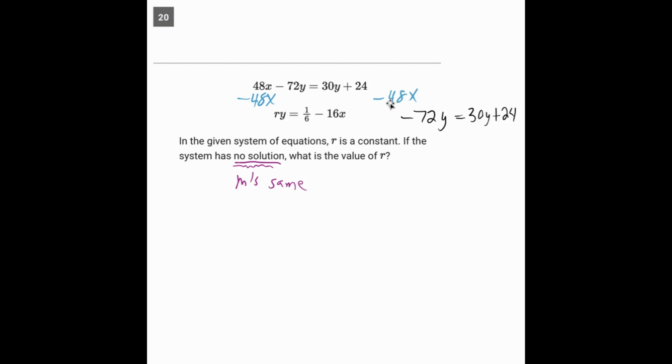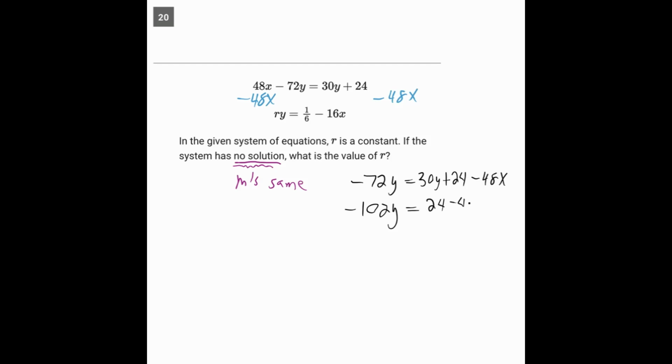Let's just move this over. So minus 48x. Now we can take away 30y from both sides, and we'll get negative 102y equals 24 minus 48x.